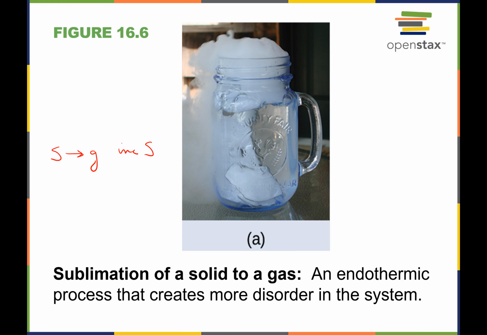But the caption says that in order for sublimation to occur here, a solid goes to a gas, energy is absorbed. I bet you buy that. Energy is absorbed. It's an endothermic process.